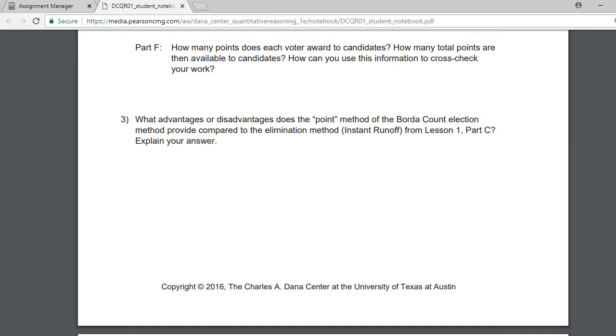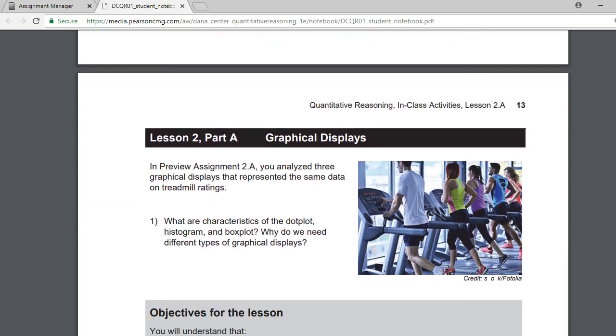For the test, you need to know what Borda count is and how to look at some voting and determine by Borda count who the winner is. Also, instant runoff is another method to use, and they called it the elimination method, which is a good hint on what to do.